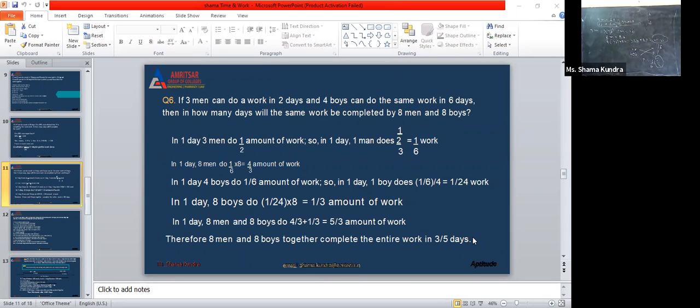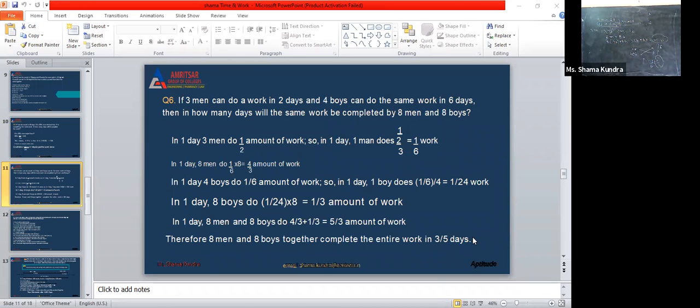Let us see how to find. Let's see, 4 boys in 1 day complete 1/6 amount of work. 40 boys in 1 day complete how much we don't know. Simply cross multiply and you will get the value of question mark as 5/3. So if in 1 day 5/3 amount of work is done, then in how many days would the entire work be done?